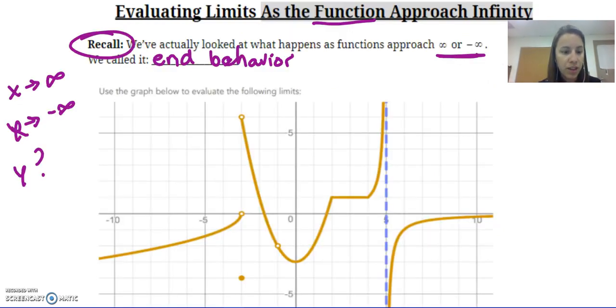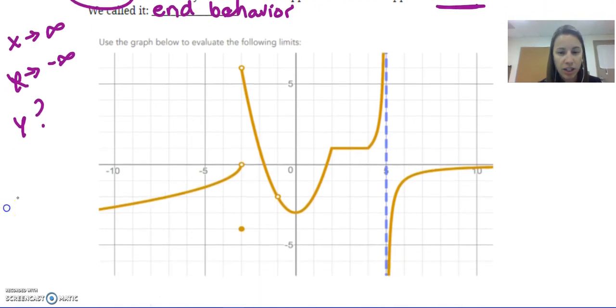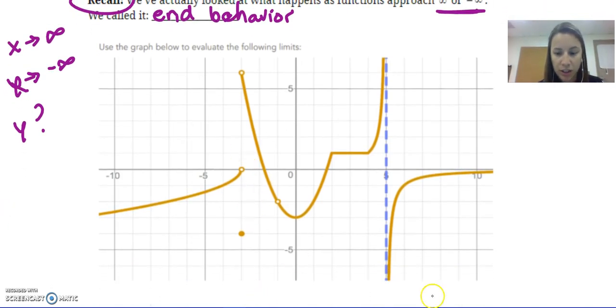So if I take a look at my graph right now and I go to the value of -3, that's right here, okay? If I look at it from the left-hand side, so this is me coming from the left, it appears we're getting closer and closer to 0. Okay, the height that we're at is 0.